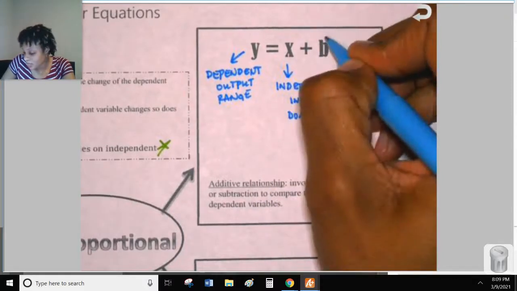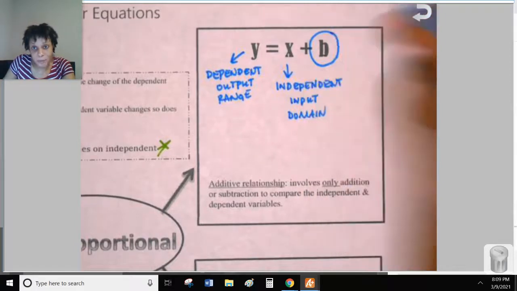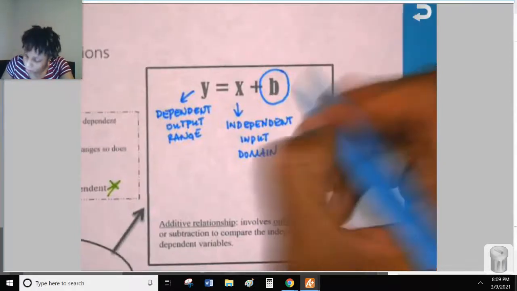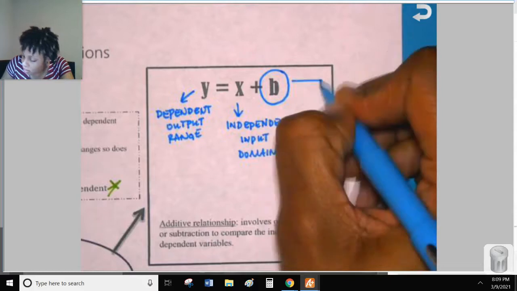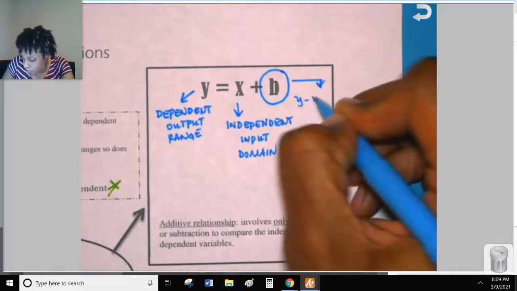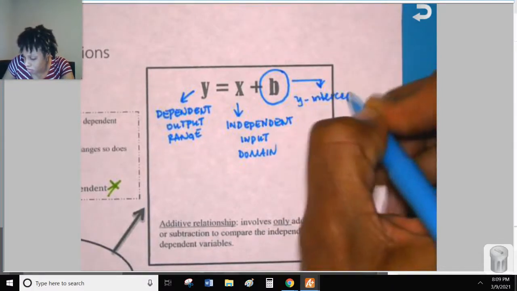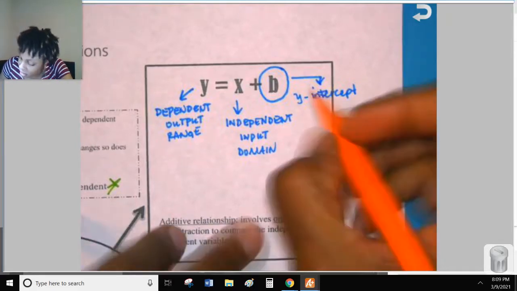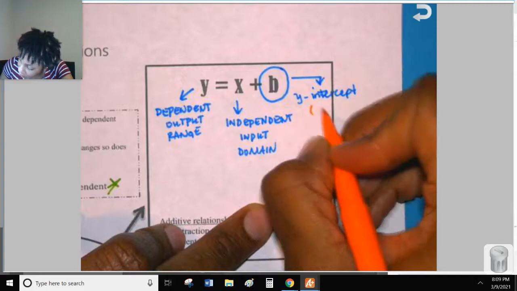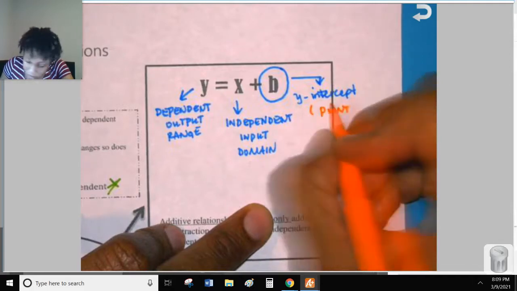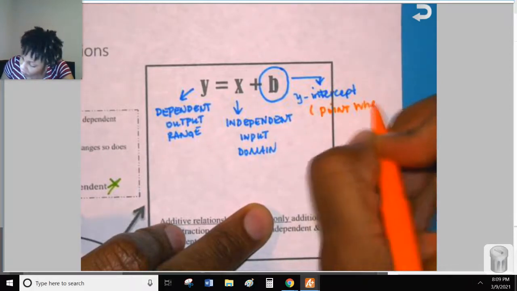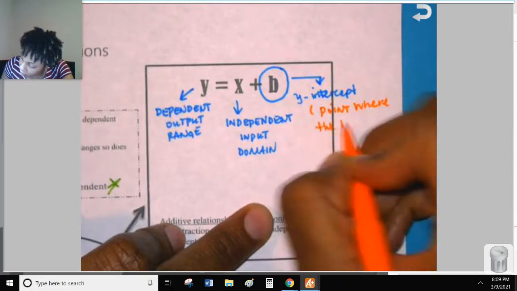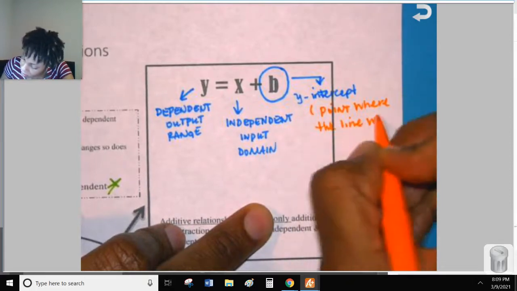Our b, now this is different, okay? This is called the y-intercept. It means that it's going to cross the y-axis. This is the point where the line will cross the y-axis.